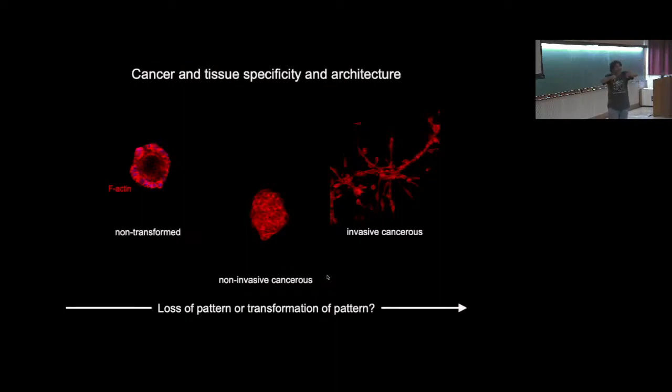They start remodeling the matrix around them, and they form these branches, and through these branches, cells start moving through the matrix and go here and there. So that's your narrative of cancer. Cancer represents this particular trajectory, and cancer therefore has often been described as a loss in the pattern, as a loss in the architecture that goes on to give rise to tissues.